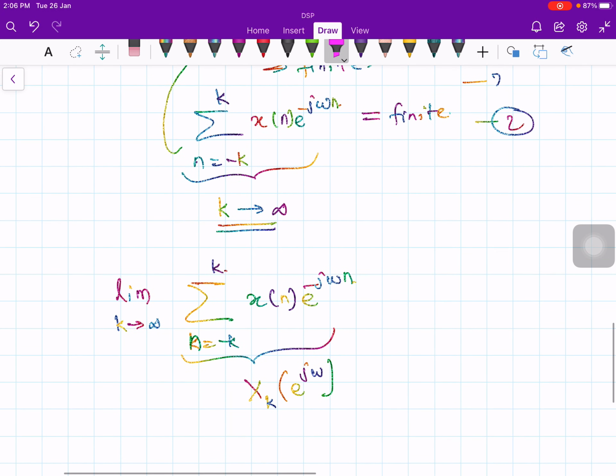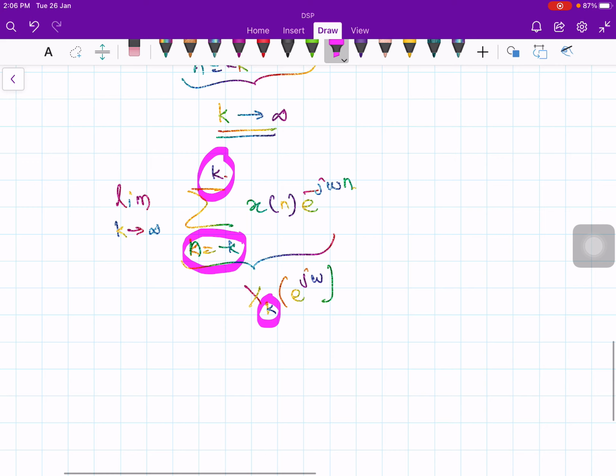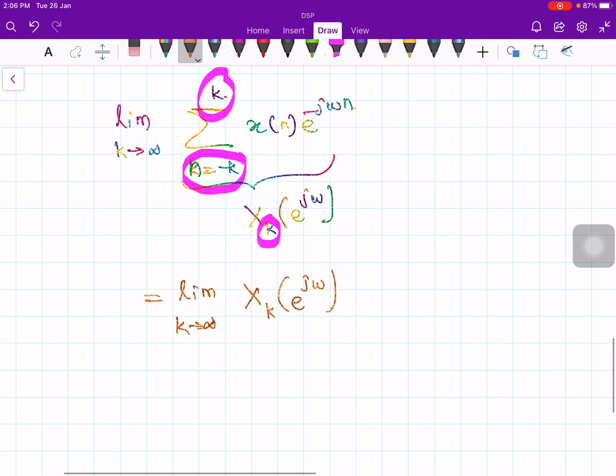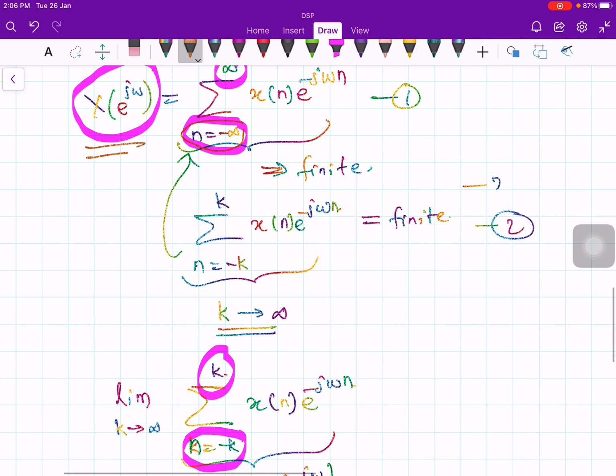Now in this, the limit is from minus k to plus k, that is why I put this suffix k. So this is the limit k goes to infinity of x suffix k of e to the j omega. What is the actual value? The actual value is x of e to the j omega.